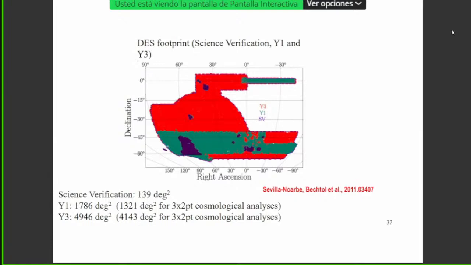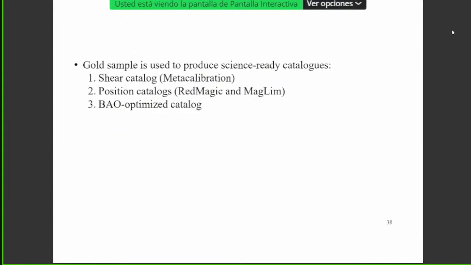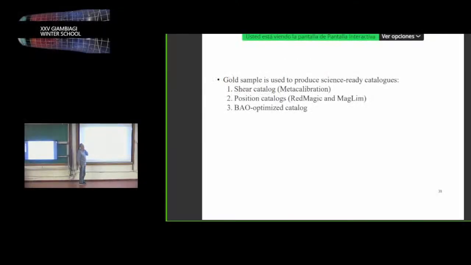Year 1 was less, and then Year 3 is almost the whole area. So this Gold catalog was used to produce what we call science-ready catalogs, which are catalogs of the shapes of galaxies, catalogs of the positions of the galaxies, and a third catalog which is optimized to look for baryon acoustic oscillations.